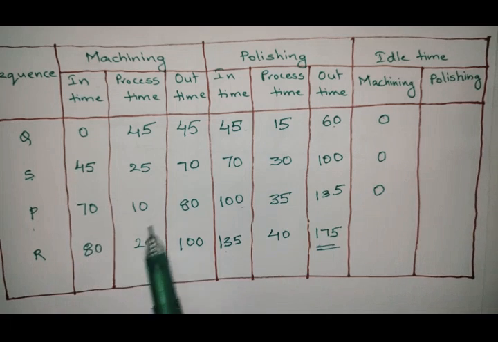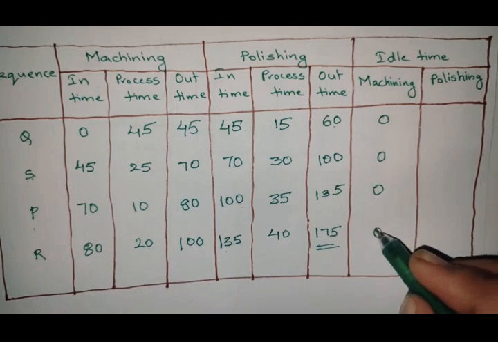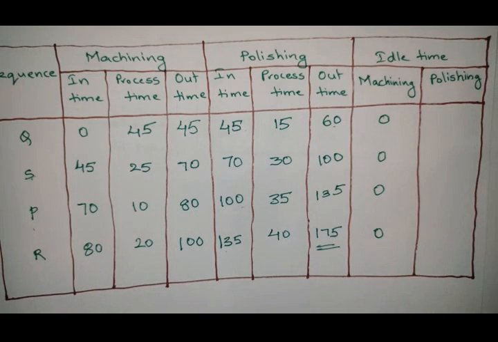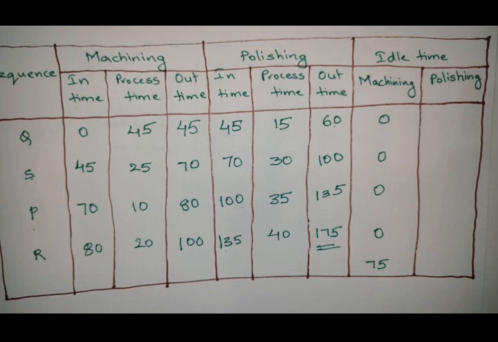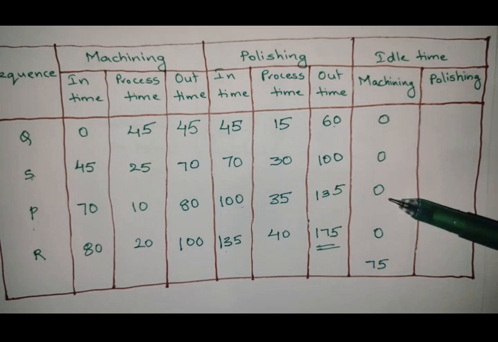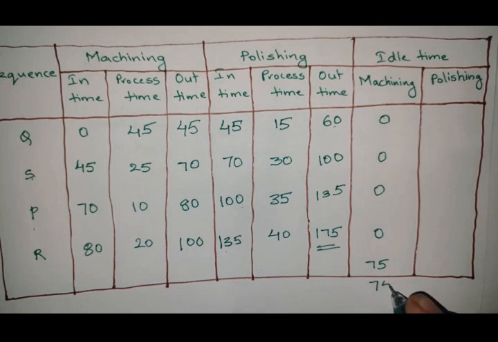Next, difference of 80 and 80, 0. And the final difference, out times 100 and 175, the difference is 75. So then what is the total idle time in machining? 0 plus 0 plus 0 plus 0 plus 75. So total idle time will be 75 hours in machining.